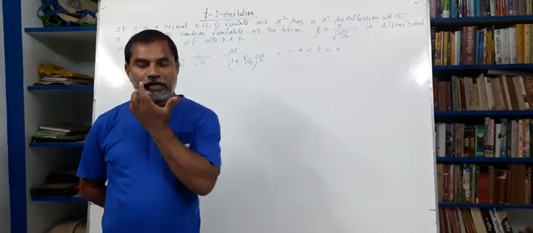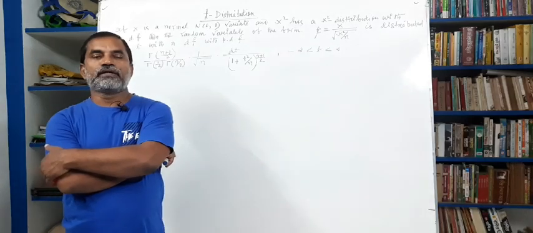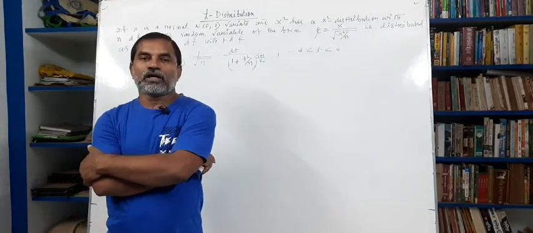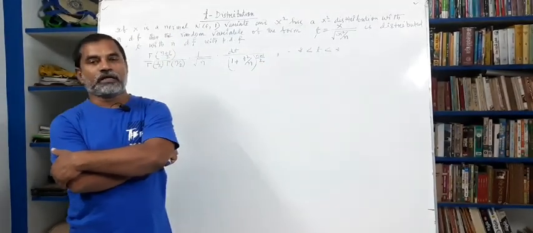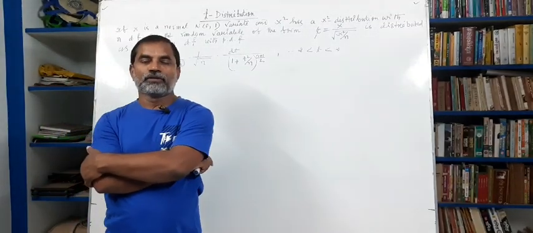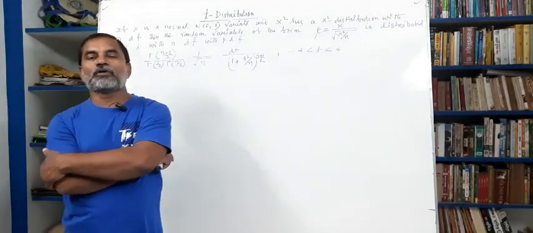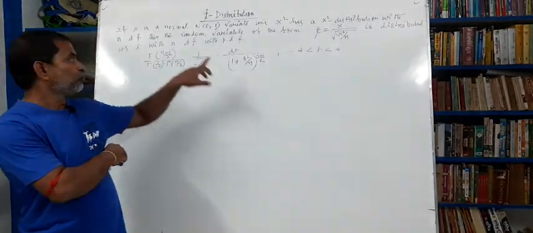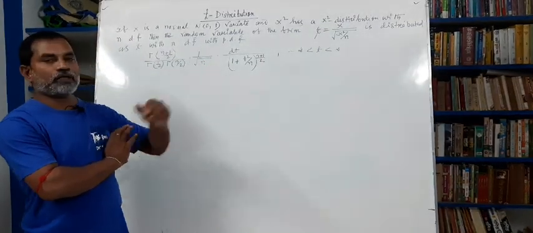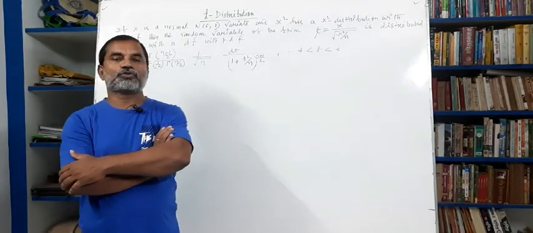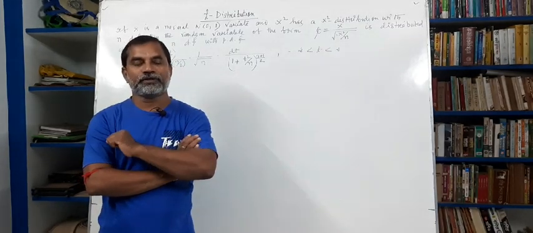So if X is a N(0,1) variate and chi-square has a distribution with chi-square n degrees of freedom, then the random variable of the form T equal to X divided by root over of chi-square by n is distributed as T with n degrees of freedom with probability density function gamma of (n plus 1) by 2 divided by gamma half into gamma n by 2, into 1 by root over of n, into dt by (1 plus t square by n) whole to the power (n plus 1) by 2, where t belongs to minus infinity comma infinity.